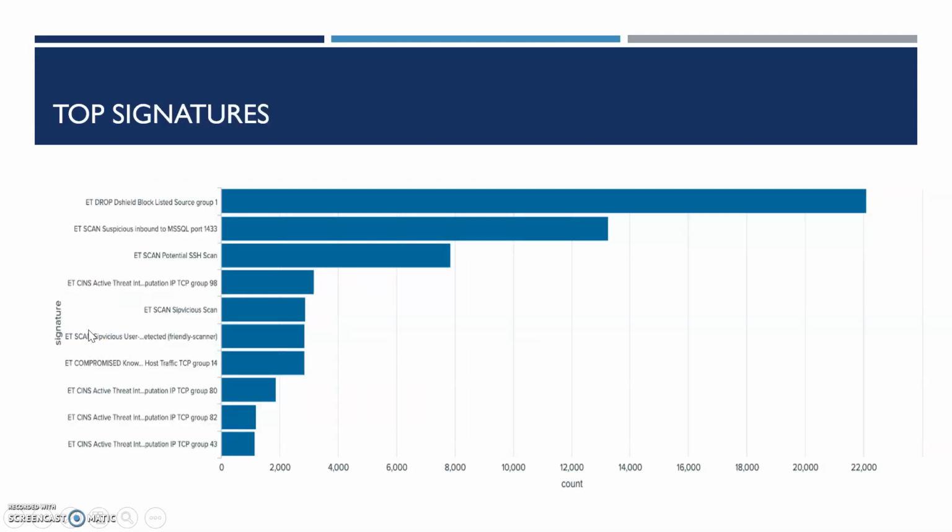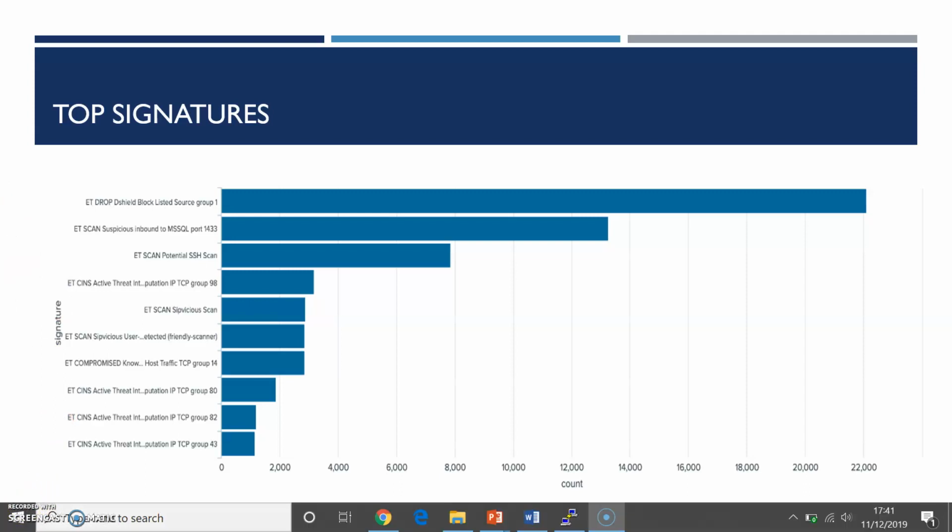So these are the top signatures that were logged. On the top, we have the ET DROP DShield Block Listed Source group 1, which alerted 22,000 times. This signature triggers an alert when inbound traffic matches an IP from the DROP DShield block list. DShield collects data about malicious activity from the internet.